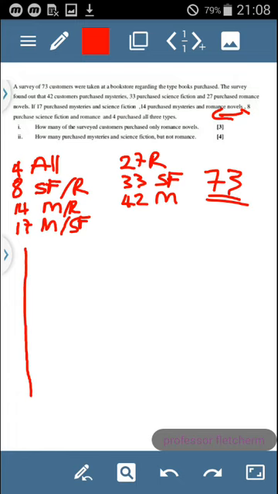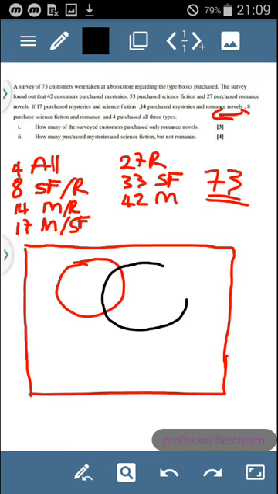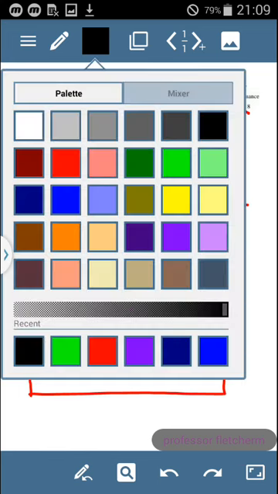So we can try to draw a Venn diagram of this. It would look something like this. So we are going to have 3 sets. Let me change the color and put another one in black, and another one in green, and maybe purple.